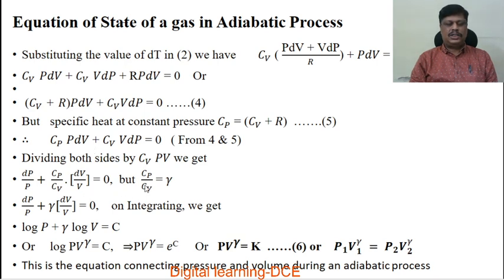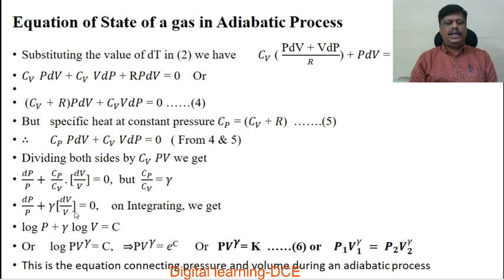And also you know that Cp by CV is the ratio of specific heat at constant pressure to specific heat at constant volume, and it is equal to gamma. Therefore, dP by P plus gamma into dV by V is equal to 0.